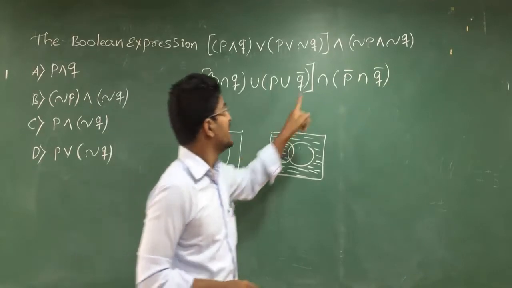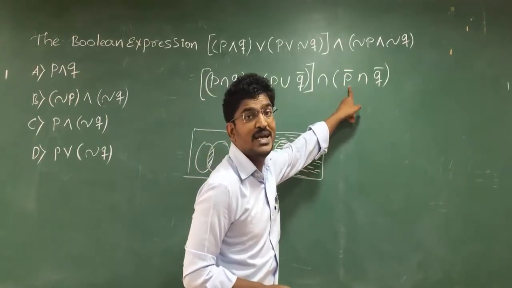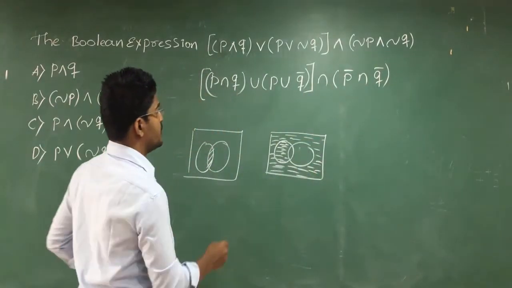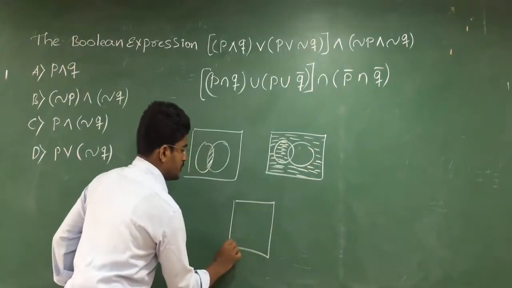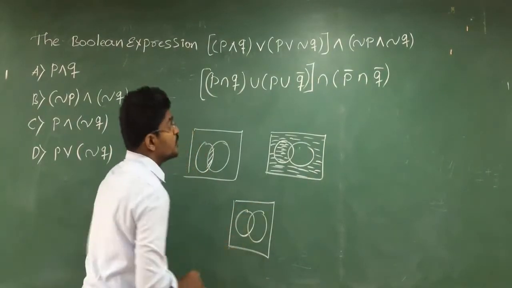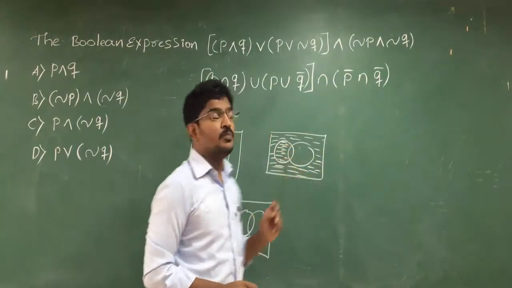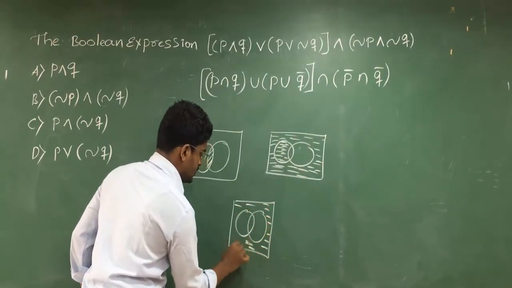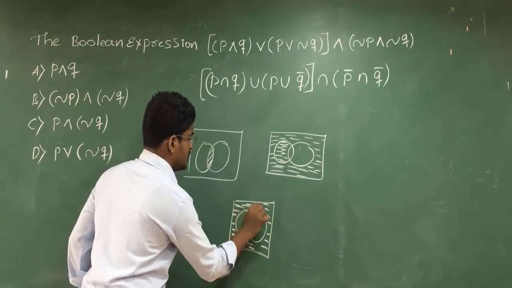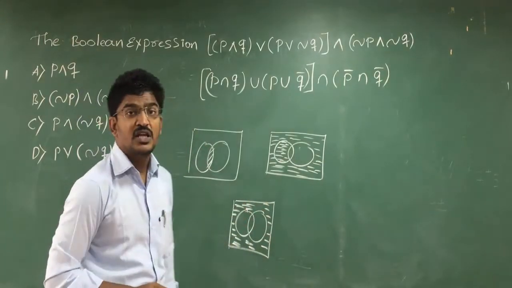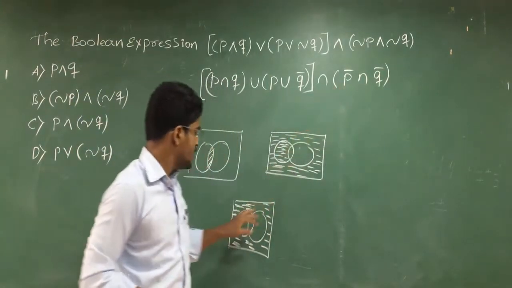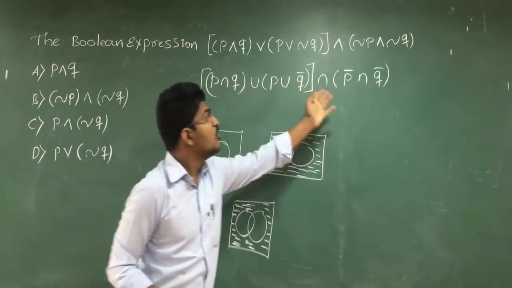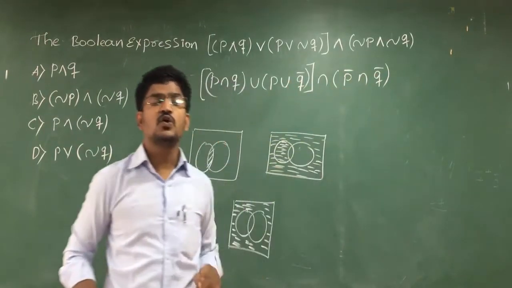Clear? Next, P complement intersection Q complement. So P complement intersection Q complement will be this particular term. Clear? So P complement intersection with Q complement.